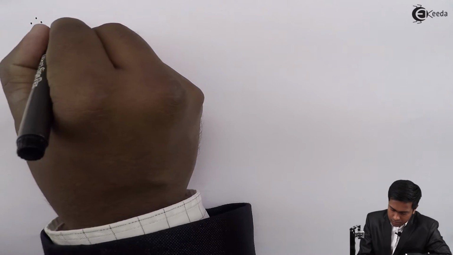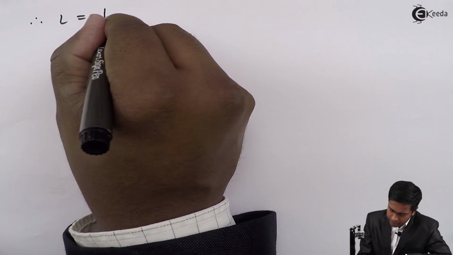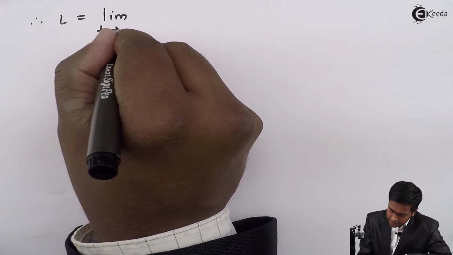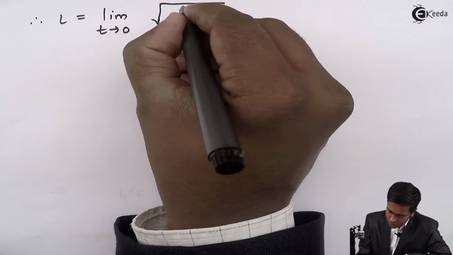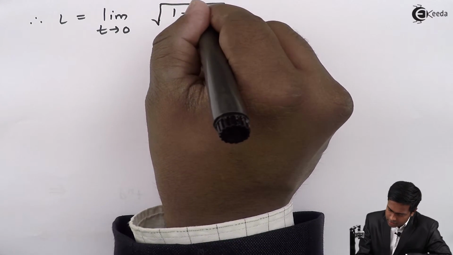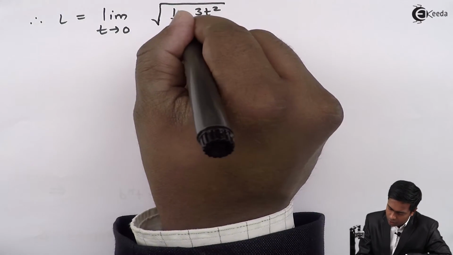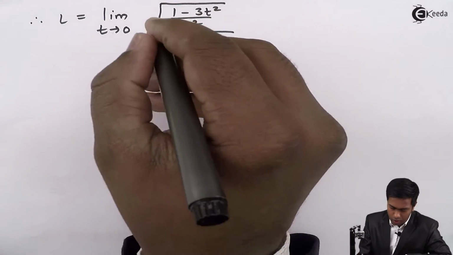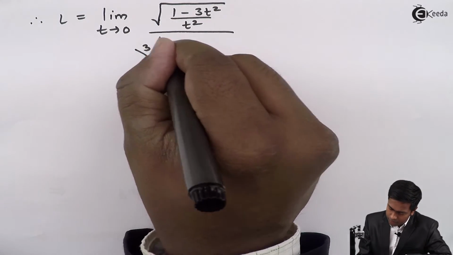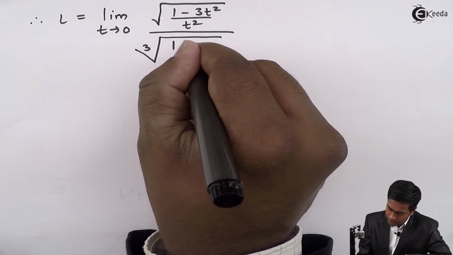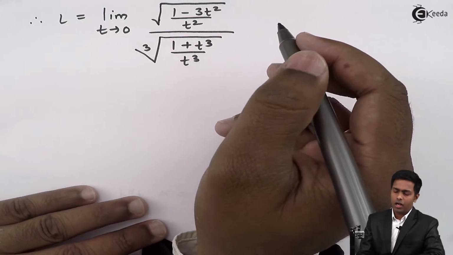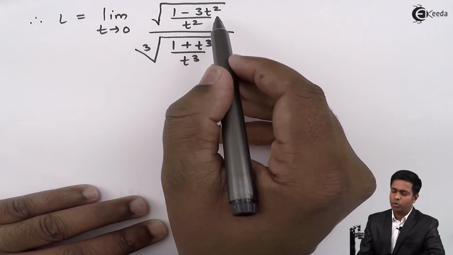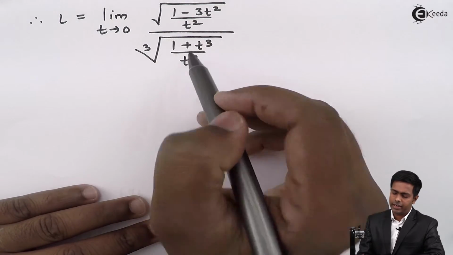So therefore L equals the limit t tends to 0 of square root of (1 minus 3t square upon t square) whole upon cube root of (1 plus t cube upon t cube). Now let's take the square root in the numerator and the cube root in the denominator.